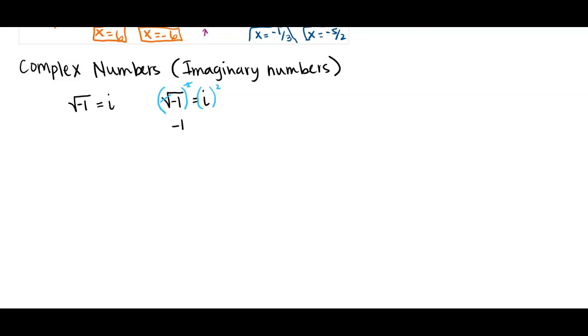So I've got negative 1 equals i squared. So these are the two things that you need to know for imaginary numbers. i is always going to replace a square root of negative 1. If you have an i squared, you're going to replace it with a negative 1.